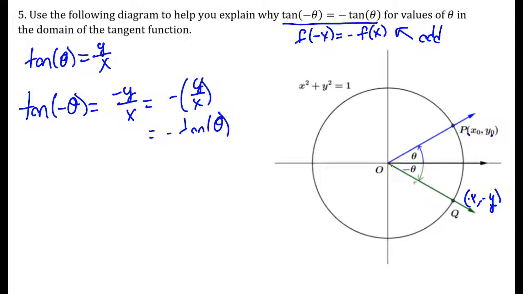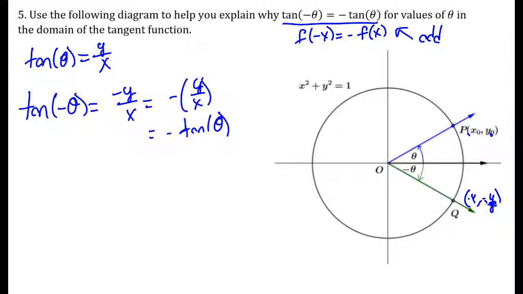The slope of the green ray is just the opposite of the slope of the blue ray. If this has a slope of 1, that has a slope of negative 1. If this has a slope of 1/2, that has a slope of negative 1/2. Simply because my y coordinate is now negative, and that changes the sign of tangent.